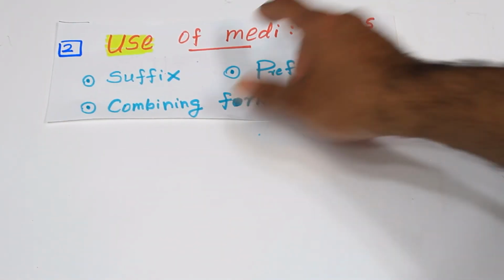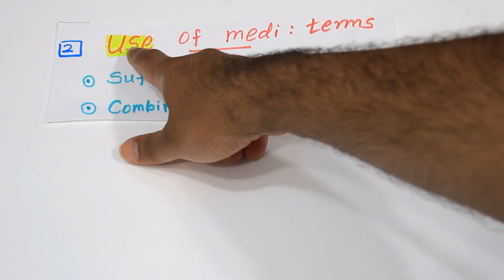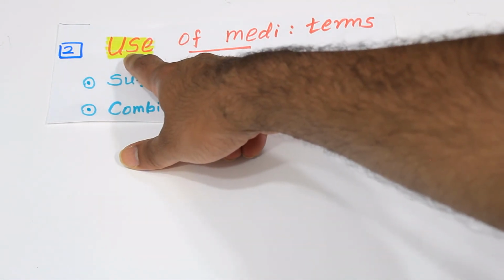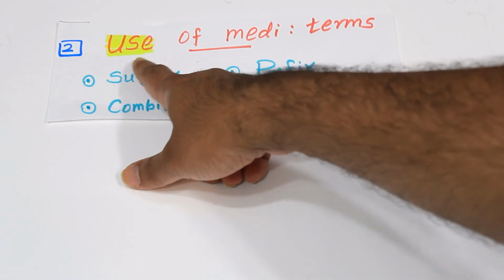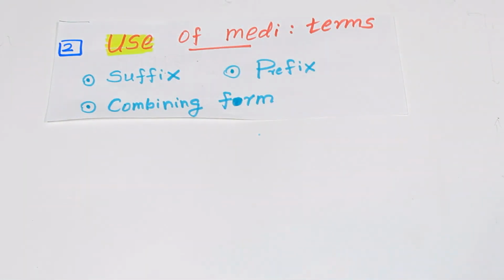So we just have to do the second section. This is our second and final section of medical terminology. As I mentioned before, now we know how to create a medical term.